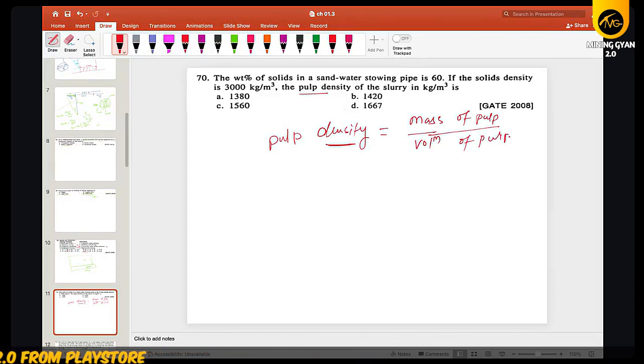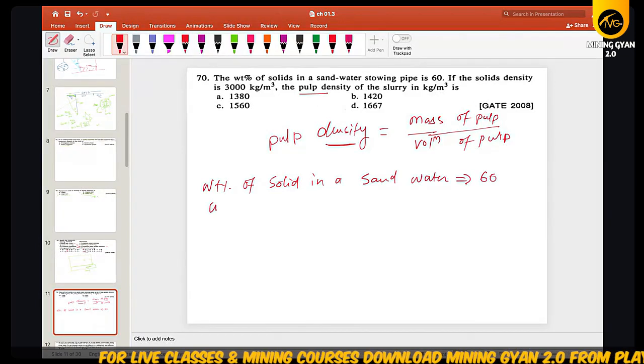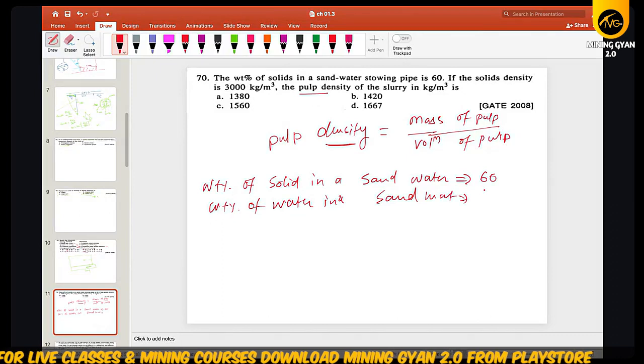So here he has given the wet percentage of solid in a sand water is 60. Then the wet percentage of water in the sand water will be the remaining 40.